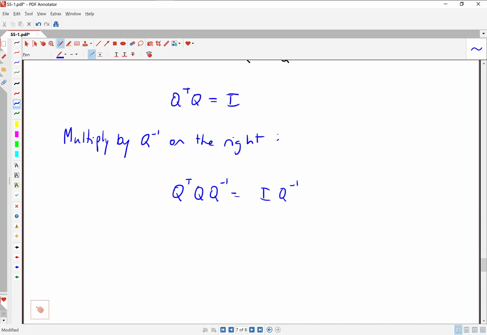And let's see if we can simplify. So for the left expression, the Q and the Q inverse just give us I. So in other words, we've got Q transpose on the left, and on the right, we've got I times Q inverse, which is Q inverse. So sure enough, Q transpose equals Q inverse.